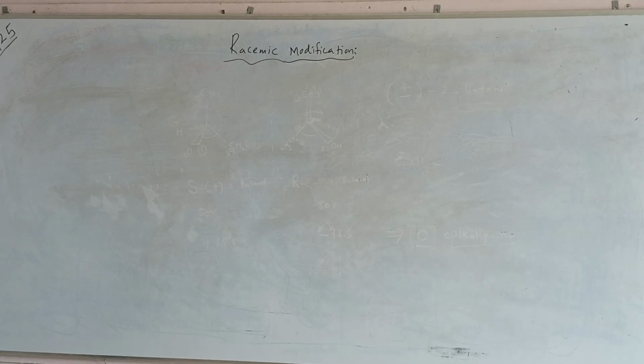When we heat it more, it will be converted to the racemic mixture, meaning two enantiomers are produced. This type of modification we call racemic modification. I will give an example, then you will understand very easily. Better I write the example first.